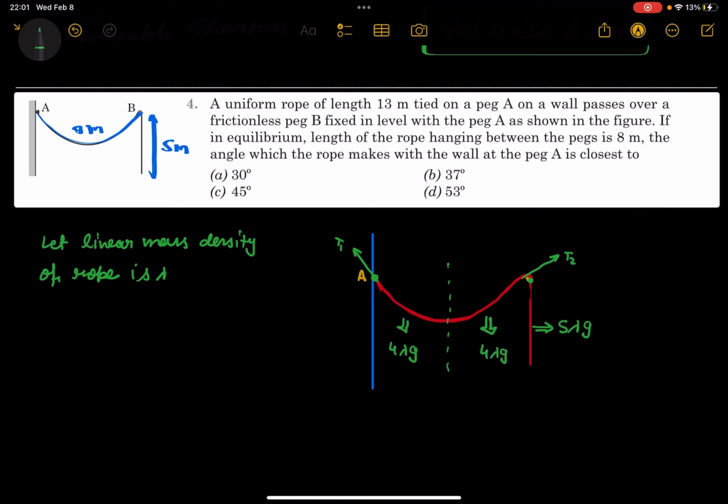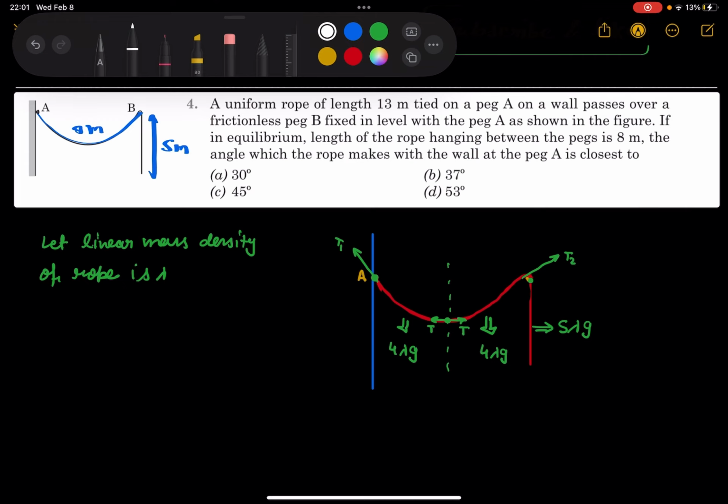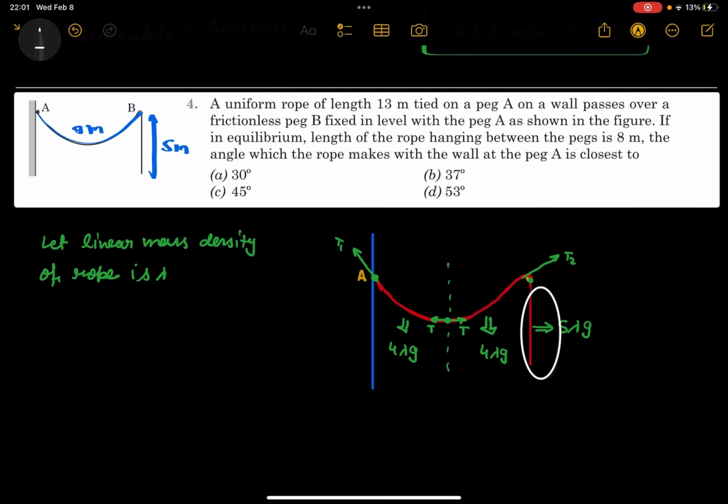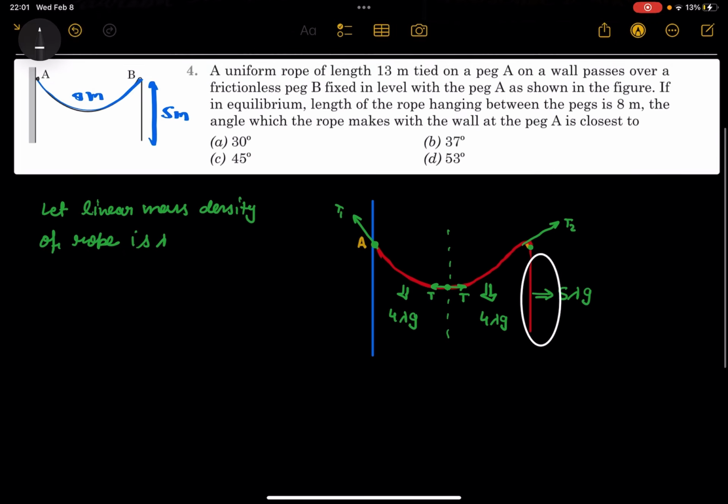If it is in equilibrium, at this point one tension T is acting in this direction, and here it is also acting in this direction. Understood my point? Okay. Now just listen, if I draw this vertical free body diagram separately, you can understand carefully.